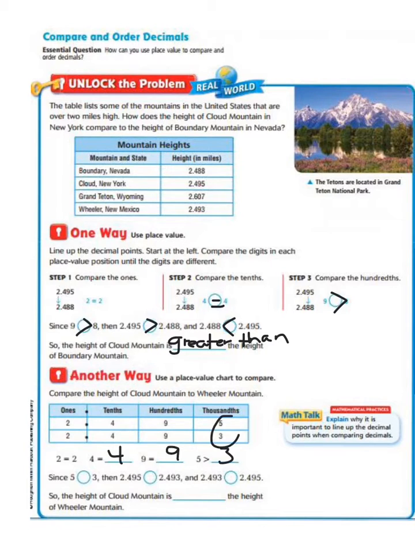So since 5 is greater than 3, then 2,495,000 is greater than 2,493,000, and 2,493,000 is less than 2,495,000. So the height of Cloud Mountain is greater than the height of Wheeler Mountain.